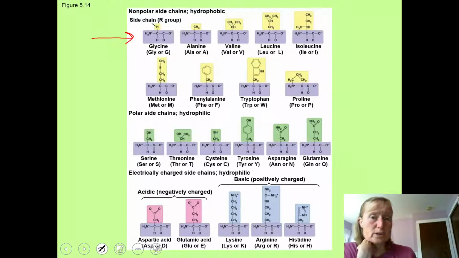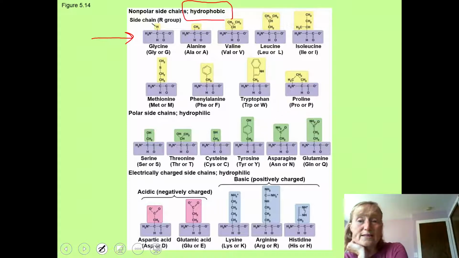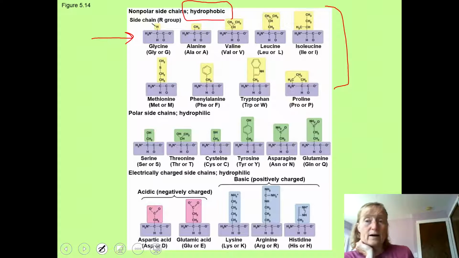Some side chains are really simple, like glycine or alanine. But here's the kicker. Side chains can be nonpolar or hydrophobic. So these side chains here are hydrophobic. Look at all of them. There's a lot of methyl groups. There's a lot of carbon-hydrogen bonds, right?